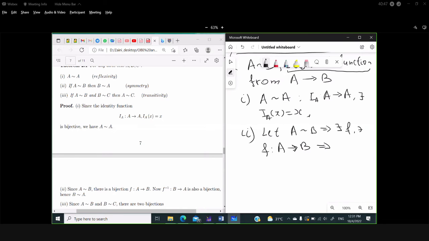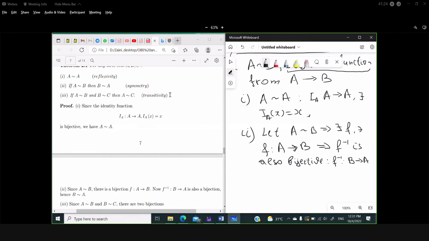If F is a bijective function, according to the above theorem, F minus 1 is also bijective, mapping B to A. You see, bijectivity comes from the above theorem.